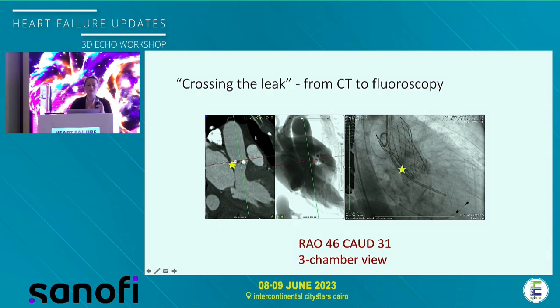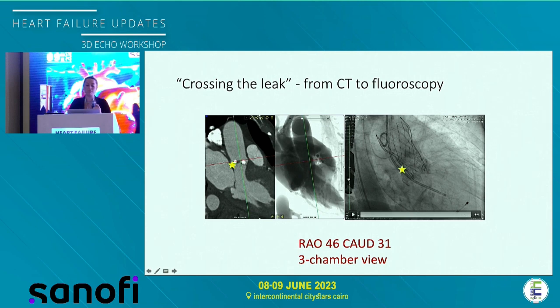It was on the left part of the left wall of the ascending aorta. We went to the same angulation on fluoro, and we said, okay, our defect will be on the left side, and we sent the wire directly.